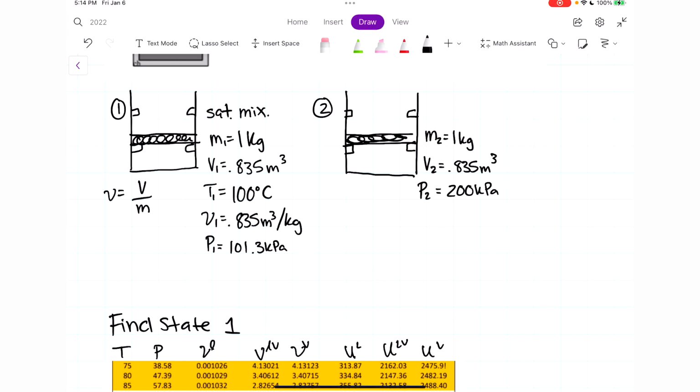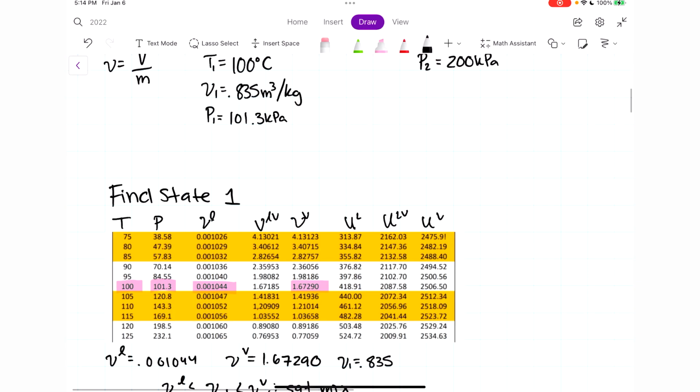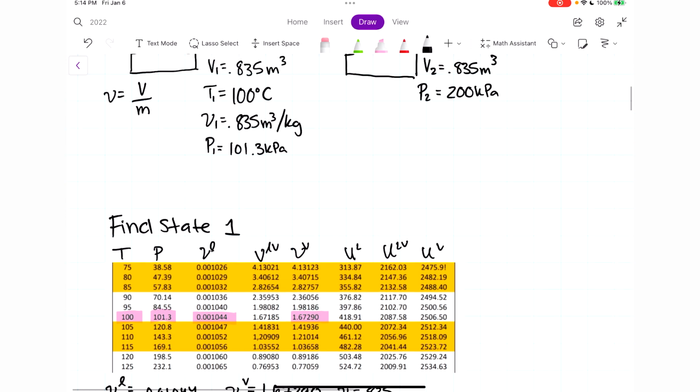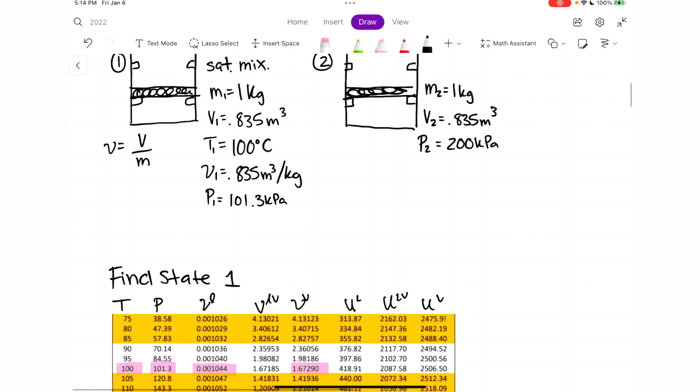And we do that by having two properties that we can find in our table. And so we either need temperature, pressure, or a specific volume, right? In this case. Later on, you'll learn about enthalpy, entropy, and internal energy. But right now, we need two of those three, right?